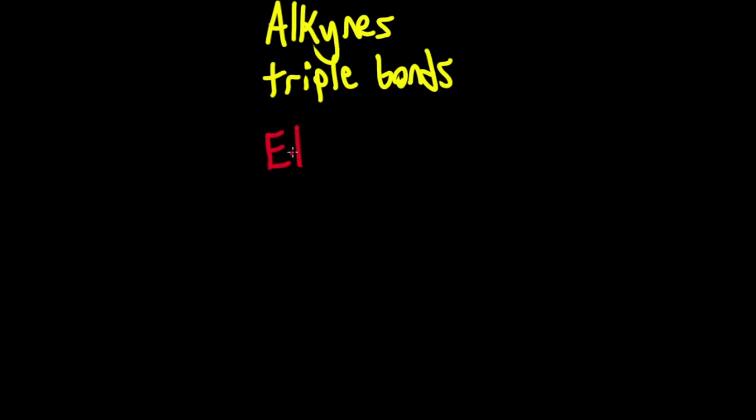to be called ethyne, and it is going to be 2 carbons based on the eth portion, and I've got that triple bond based on the YNE portion.